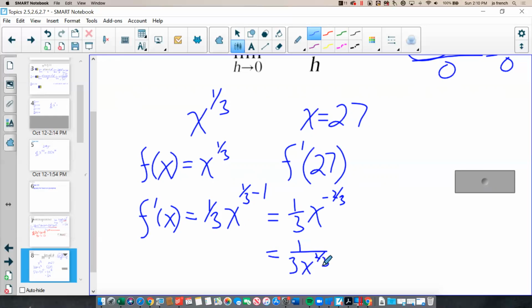Remember, to change a negative to a positive, we simply move the x to either the numerator or denominator, changing its position. So there's my expression for my derivative of f.